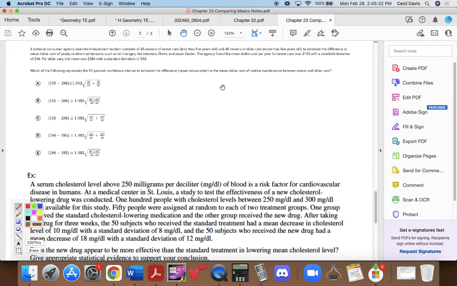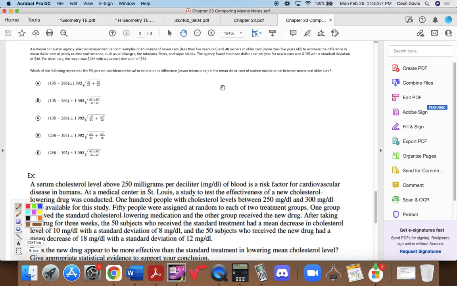Again, this is one that I took from the AP Central website. A national consumer agency selected independent random samples of 45 owners of newer cars less than 5 years old and 40 owners of older cars more than 5 years old to determine the difference in mean dollar cost of yearly routine maintenance, such as oil changes, tire rotations, filters, and wiper blades.